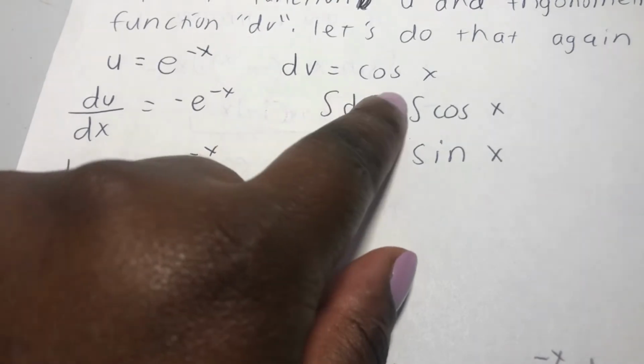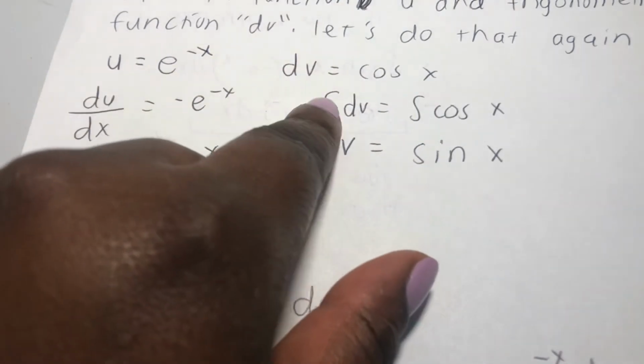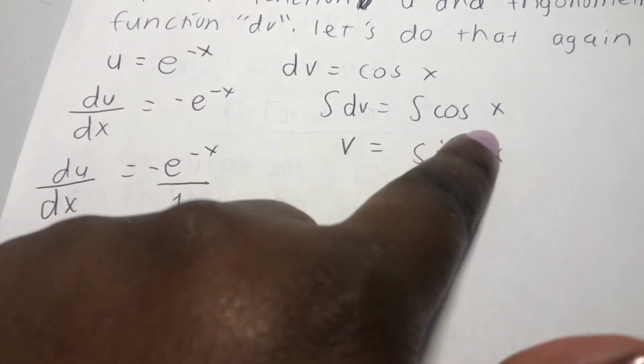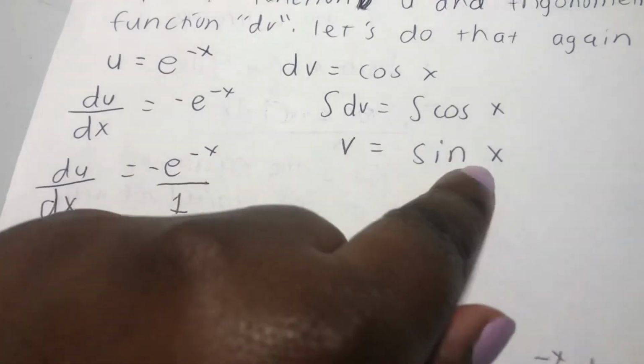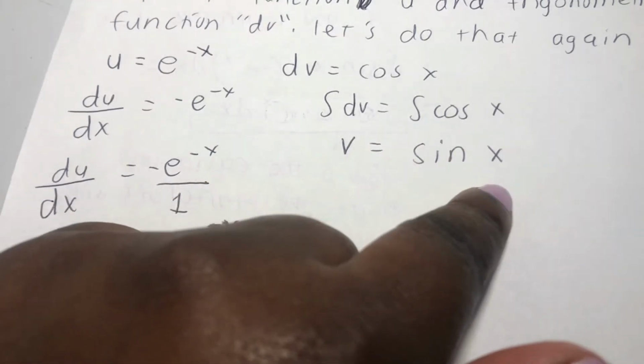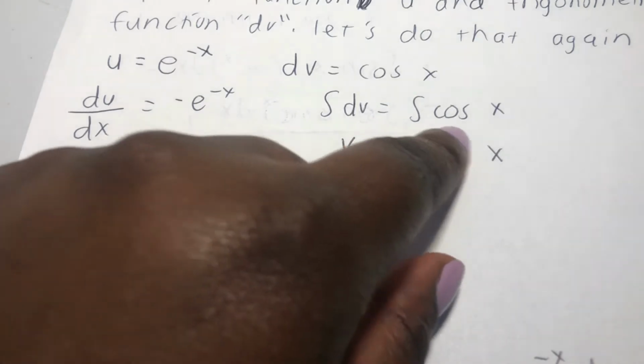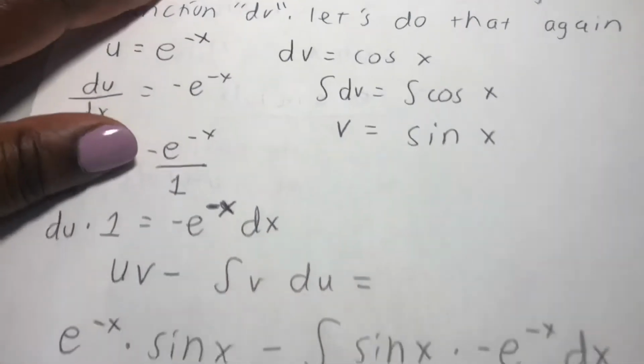And for dv, dv is equal to cosine x. So the integral of dv is equal to the integral of cosine x. So v would just be equal to sine x, because the integral of cosine x is just sine x. Remember, don't put plus c yet.